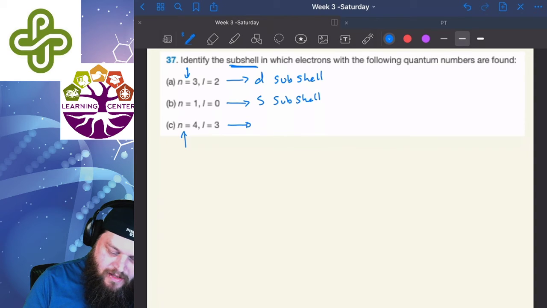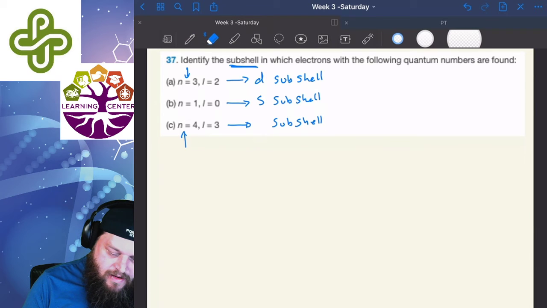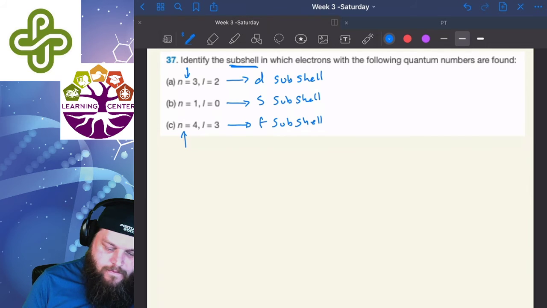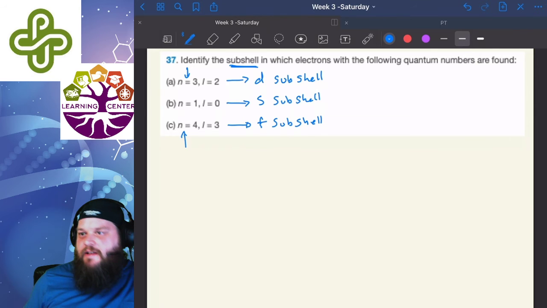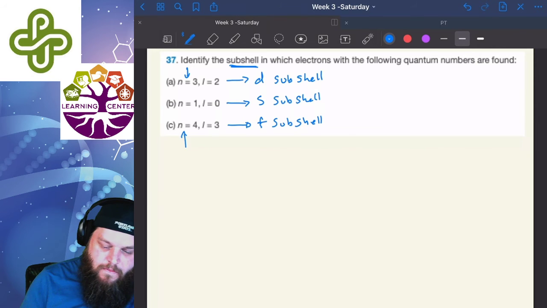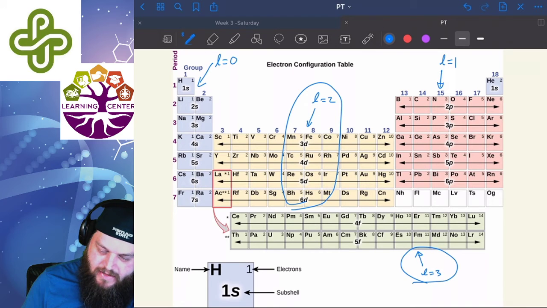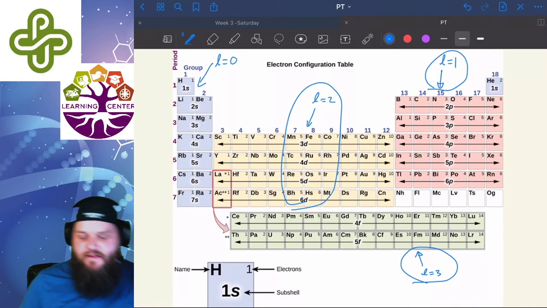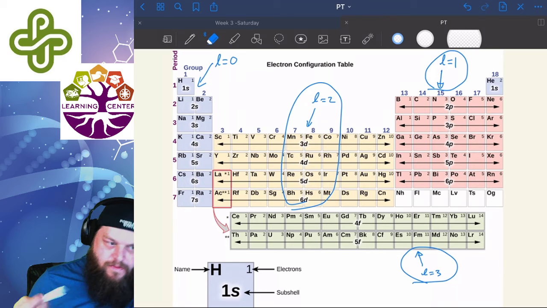L equals 3, that is our P subshell. No, I'm off. I'm sorry, I went 2 is P, 1 is P, 3 is F. The F subshell, those lanthanides and actinides. So going back, 3 is F, 1 is P, 2 is D, and so on. And these also relate to the different energy states of the electrons that are in there.